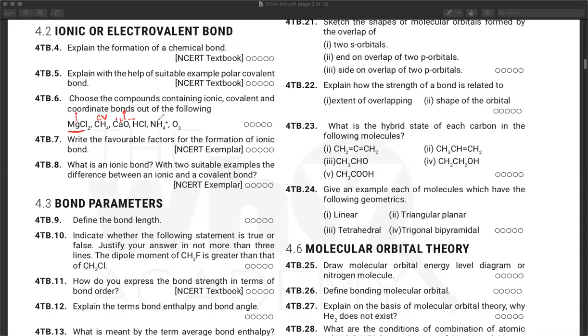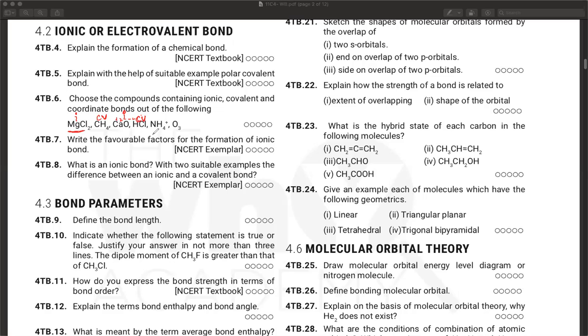HCl? Covalent. HCl? Ionic. Oh, no. Wait, sorry. No, HCl is covalent, right? Yeah, it's covalent. It's polar, but HCl is covalent.